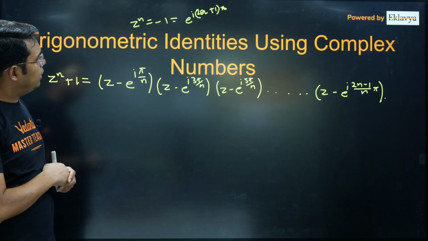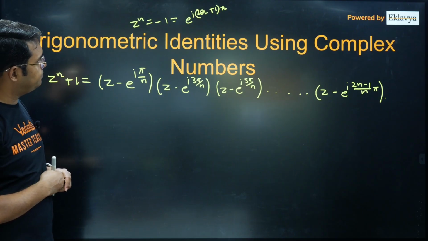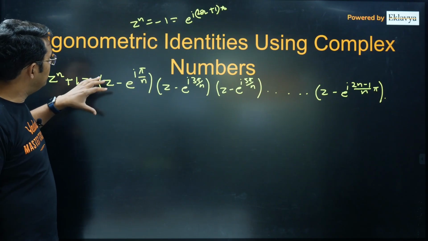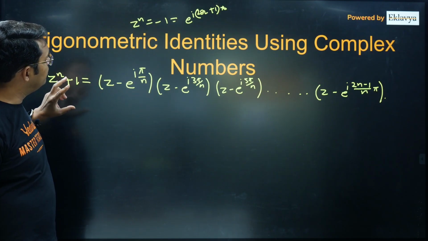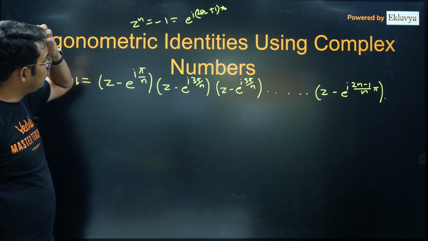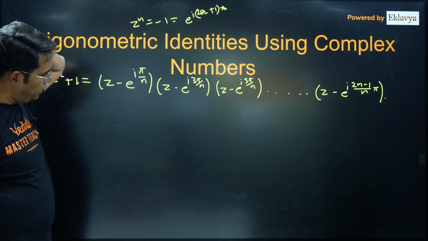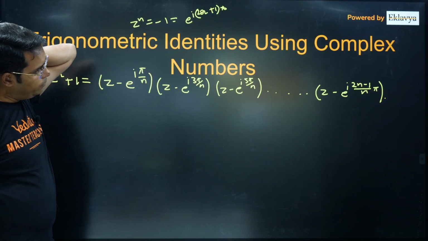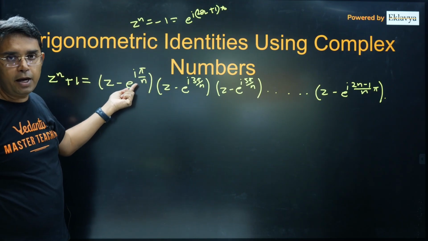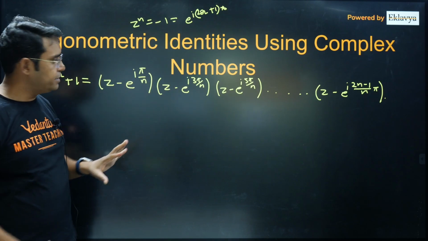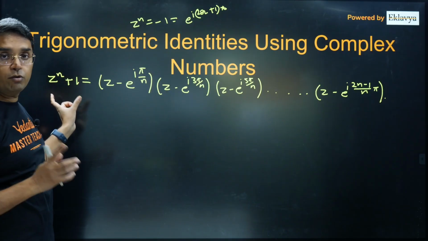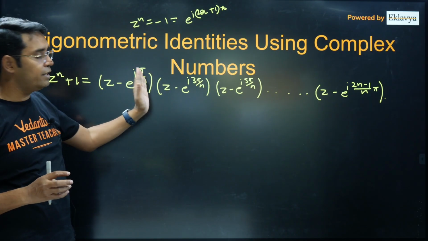Here pi by n, 3 pi by n, 5 pi by n up to 2n minus 1 upon n pi are n roots only. These are the distinct roots corresponding to z power n plus 1 equal to 0. So using the factor theorem we have written it like this.